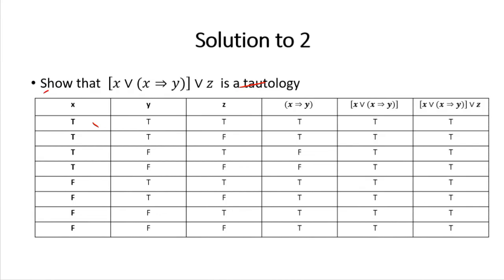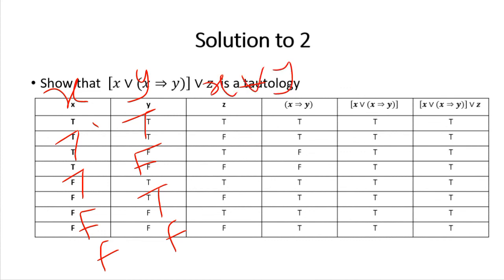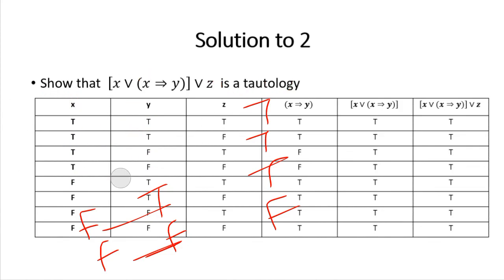If I have x, y, we have t, t, f, f, t, f, t, f, when we have 2 of them. We were looking for x or y. For x or y, once one of them is true, it remains true. When both of them are false, that's when you get false. Is that not so? So that's what we're using. Let's use that now and solve.